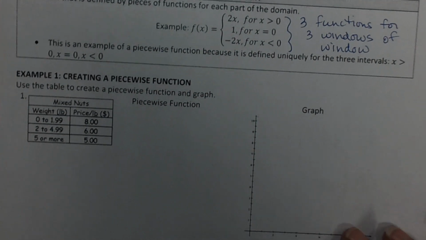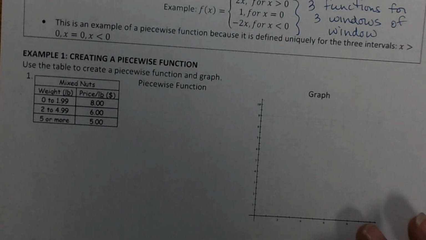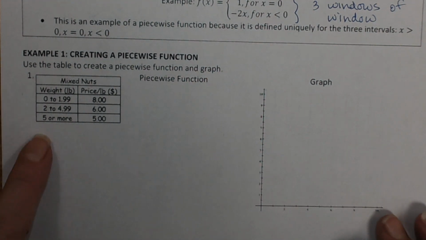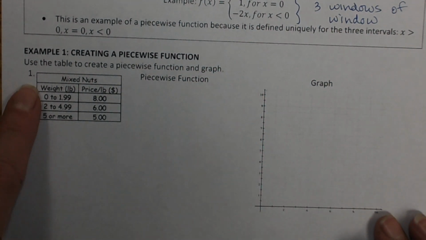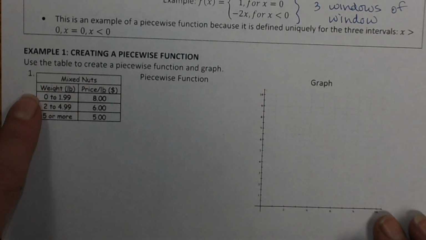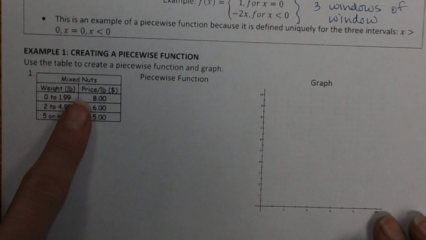Okay, so creating a piecewise function, this is when we're going to write the function and we can graph it. So we're given a chart. We have the weight per pound and the price per pound. Whenever we have the weight, you can see that these are on intervals.